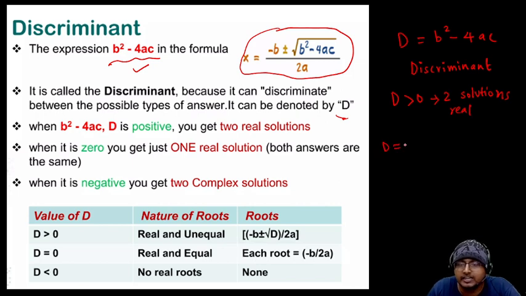When d equal to 0, we have only one real solution, or we call it equal roots, because both alpha and beta are the same here. And when d is less than 0, we have two complex roots.